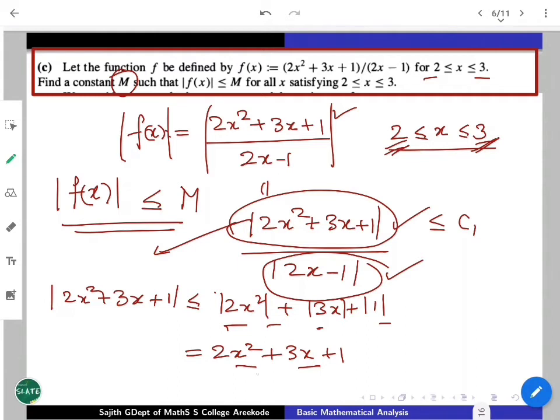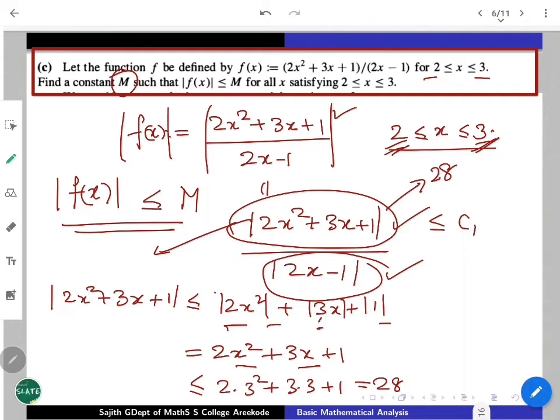So I can simply apply it here, which is dominated by, I can write less than or equal to 2 into, just put 3 here, 3 square plus 3 into 3 plus 1. At most that can be taken. So 9 into 2 plus 9 plus 1, that comes as 28. So the numerator can go at most 28.